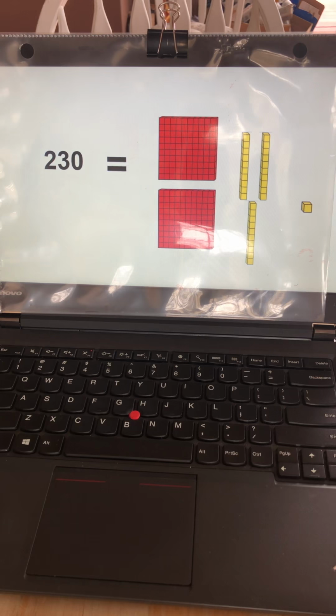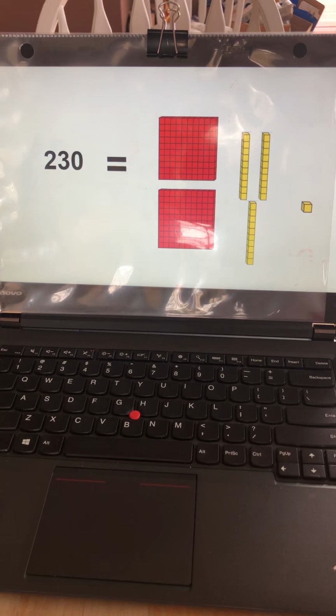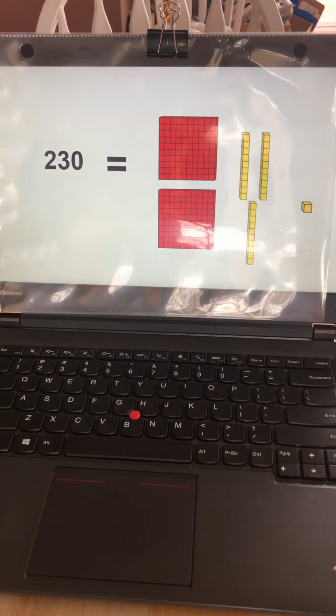Is it equivalent to each other? Once you have an answer, put a thumbs up. All right, 3, 2, 1. Shout out if you think it's equal, equivalent, equal to each other. Yes or no, true or false.